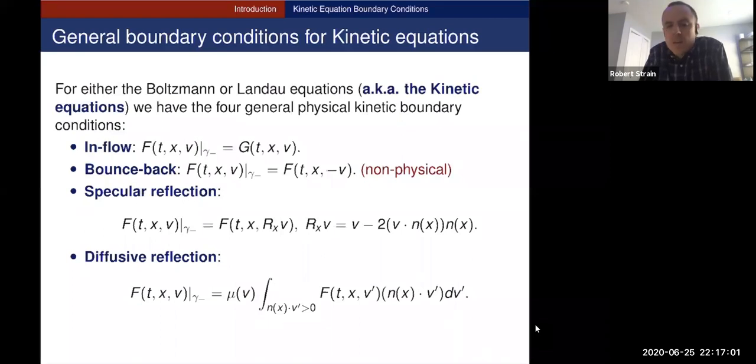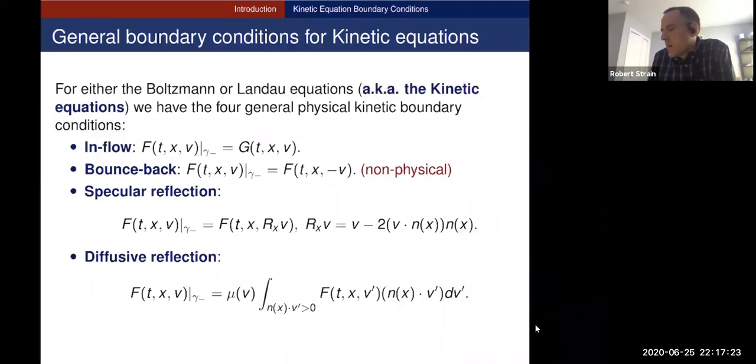And so for either the Boltzmann equation or the Landau equation, which we call the kinetic equations, because this also works for other kinetic equations, we have the 4 general kinetic boundary conditions. Inflow is just that at the incoming boundary, you specify a function g.